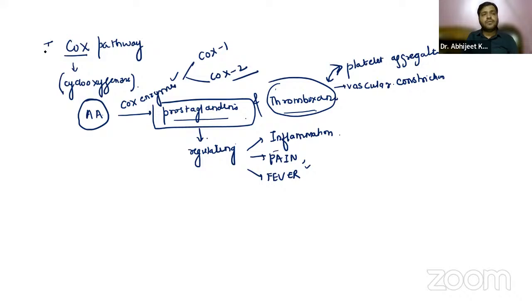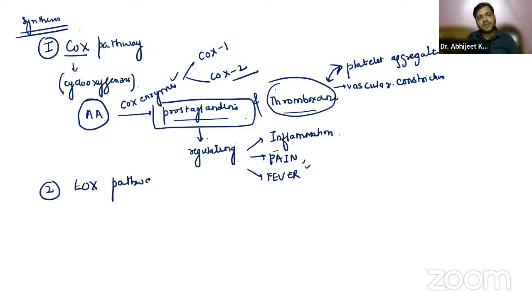The other method of synthesis, since we are discussing synthesis, can be the LOX pathway. Now, when I say LOX, you already know it is the lipoxygenase pathway.